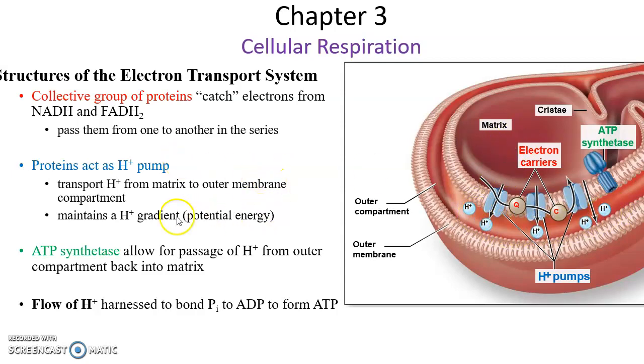This produces the hydrogen ion gradient. That is a lovely pool of potential energy. Then ATP synthetase takes advantage of this gradient to produce ATP, adding phosphate groups to ADP. So ATP synthetase is the enzyme that produces most of the ATP.